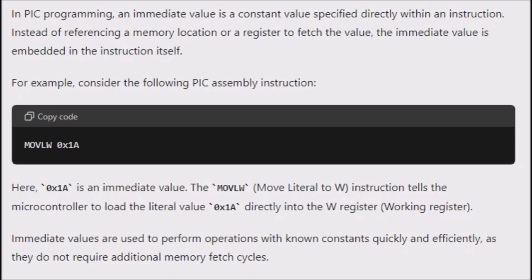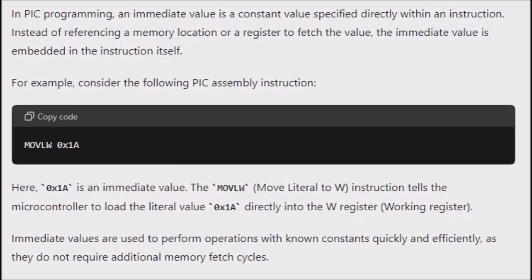For example, consider the following PIC assembly instruction: MOVLW 0x1A. Here, 0x1A is an immediate value. The MOVLW, move literal to the working register, instruction tells the microcontroller to load the literal value 0x1A directly into the W register.